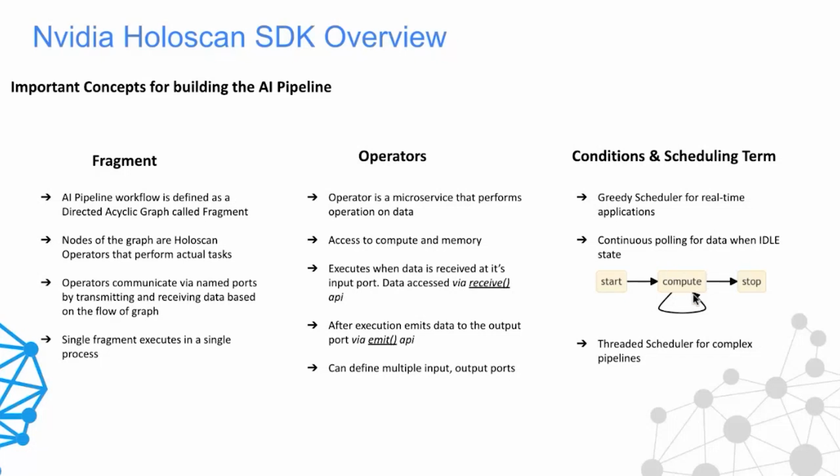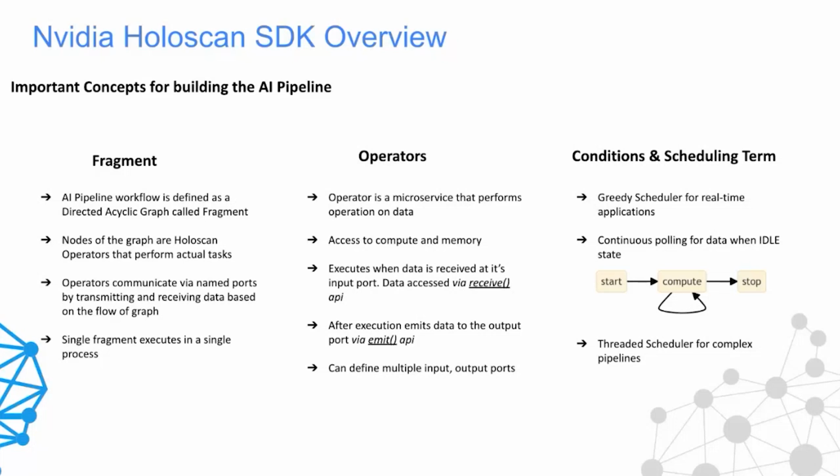So this is waiting for new data to arrive at the input port. Once the new data arrives, then the compute executes, and then it goes back to the idle state where it is polling for the new data. The stop method is where basically everything you implement that you want to unlink or you want to free up the memory. So any operations before termination can be implemented.